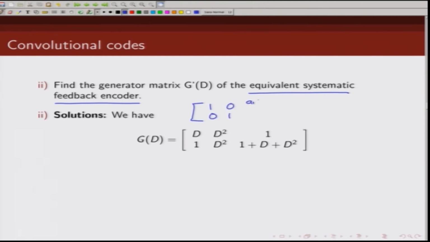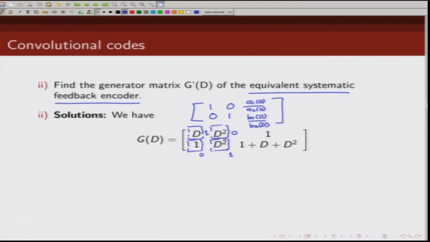Let us call it A1(D), A2(D) and B1(D), B2(D). So, we will have to bring this matrix in this particular form. So, this has to be changed to 1, this has to be brought to 0, this we have to bring to 1, and this we have to bring to 0.